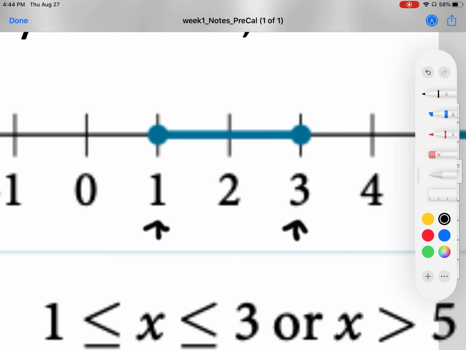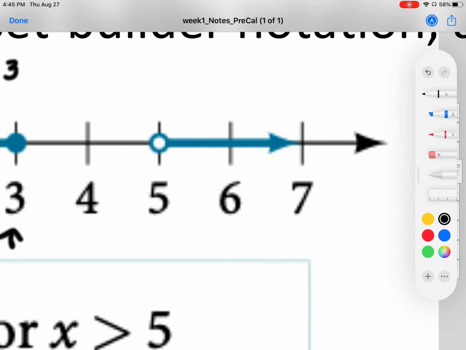The way we write this is we write a 1 and then a 3 and an x in the middle, and we're always going to use less thans. When we have an enclosed area, it's always less thans. Because we have closed circles, you see how the circles are closed? This means we have equal to, so we have less than or equal to for both. That is our inequality for that first part.